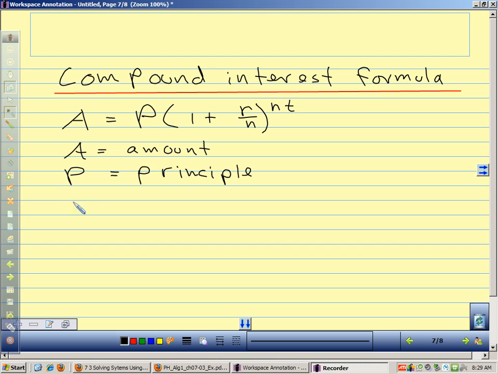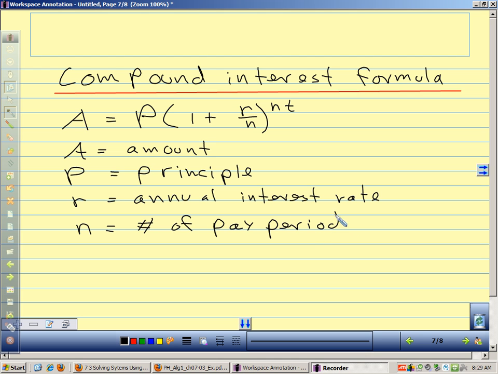R is the annual interest rate. N equals the number of pay periods per year. And t equals the number of years.